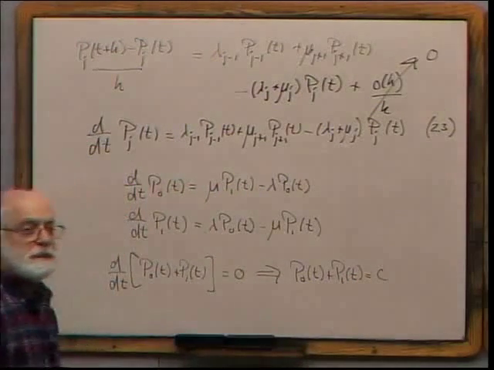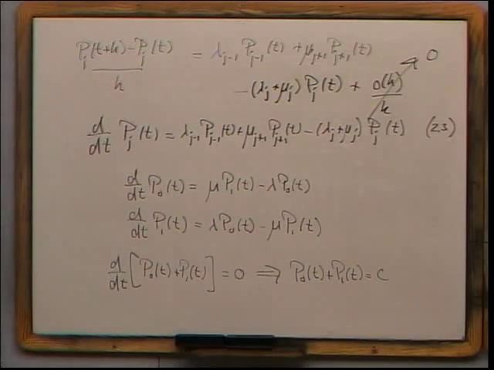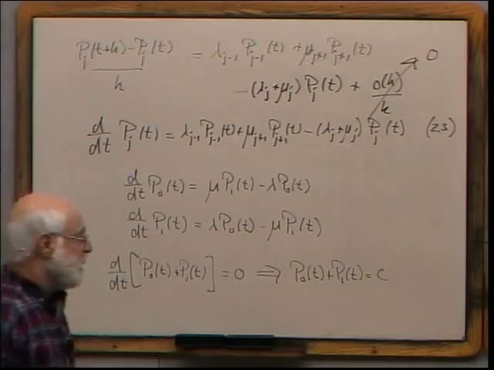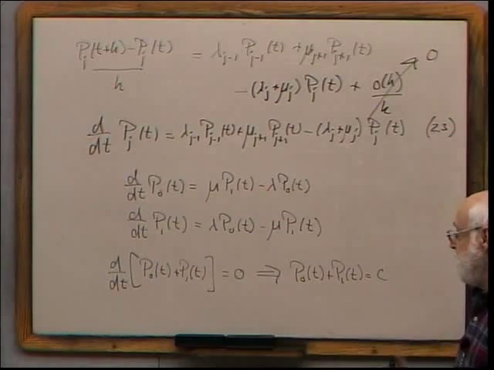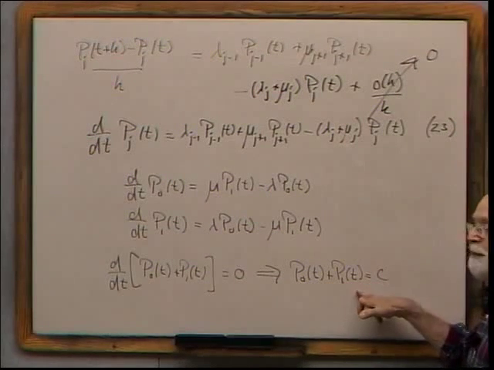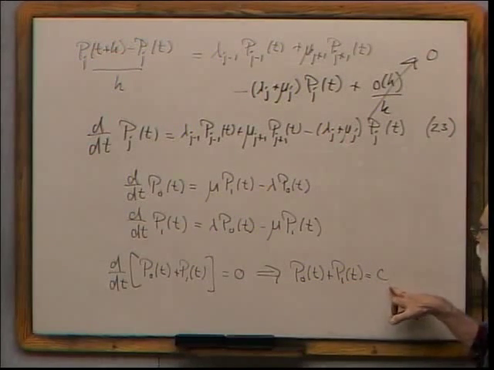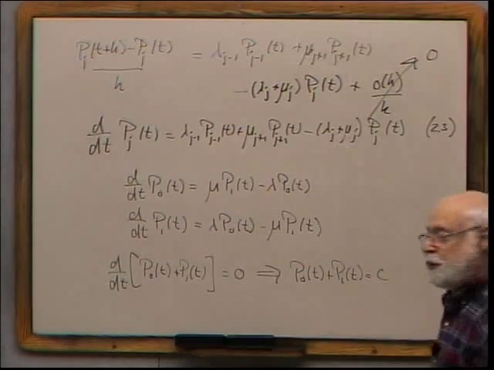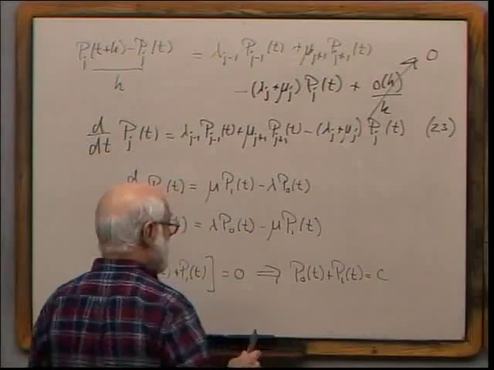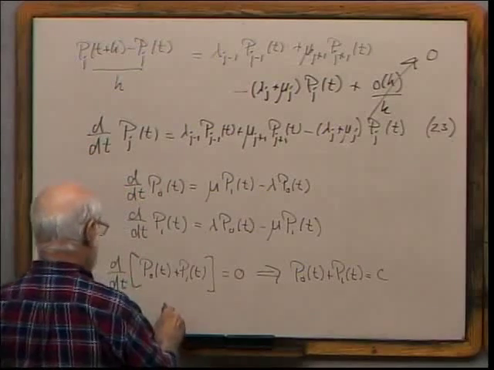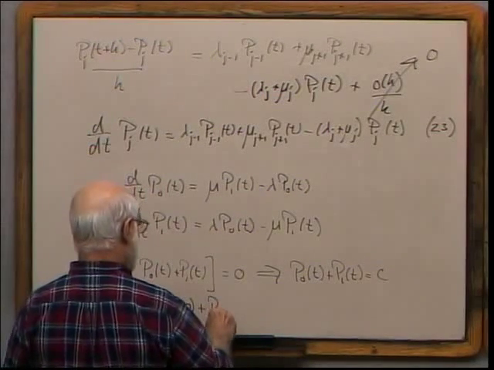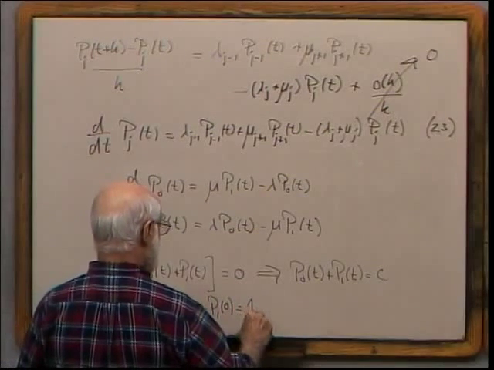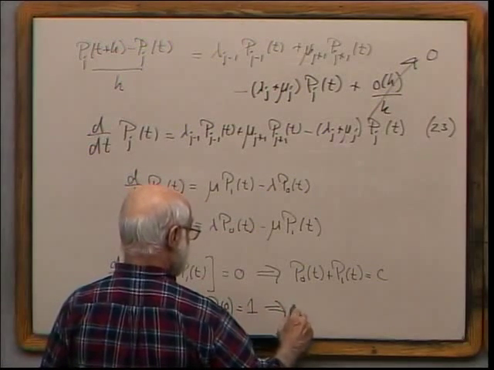And if I require initially that the system be described by a probability distribution, then if it's ever described by a probability distribution, it must always be described by a probability distribution. So in other words, to say that P0 of 0 plus P1 of 0 adds up to 1 implies that this constant is 1.